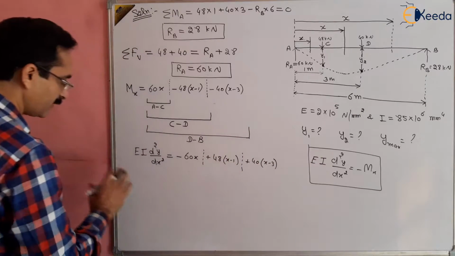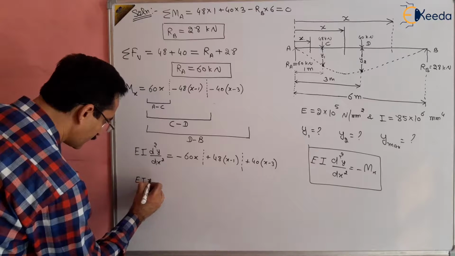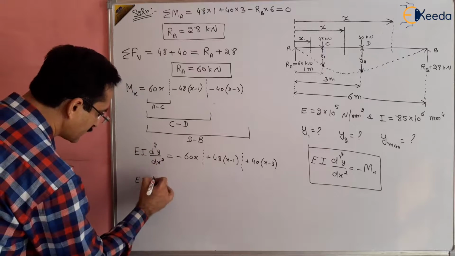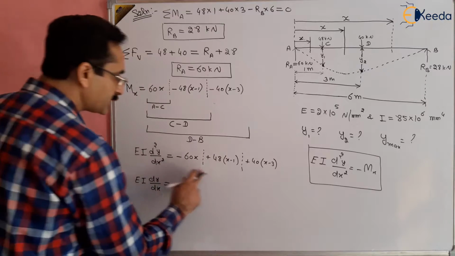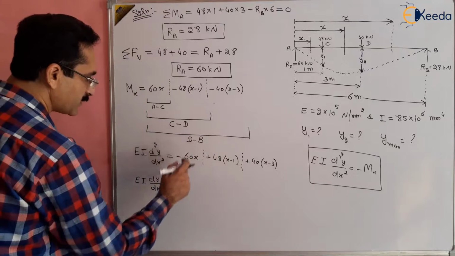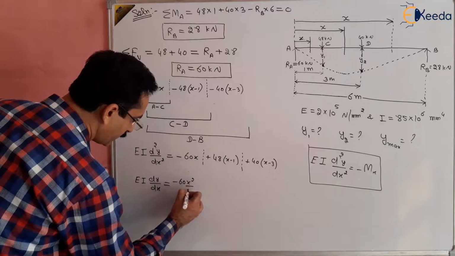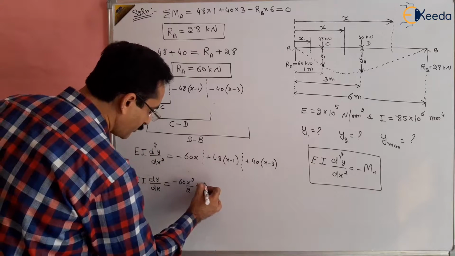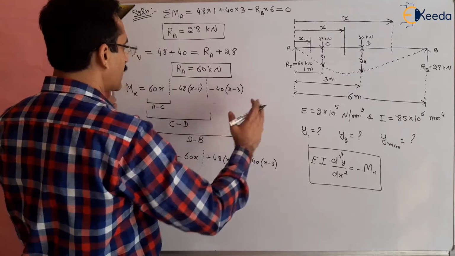Integrate it once, we will get the slope. So by integrating, EI dy by dx, the integration of d2y by dx square will be the slope dy by dx, and that will be equal to the integration of this: minus 60 x square by 2, plus a constant, right? We are putting the constant here because it will be valid for the entire section.